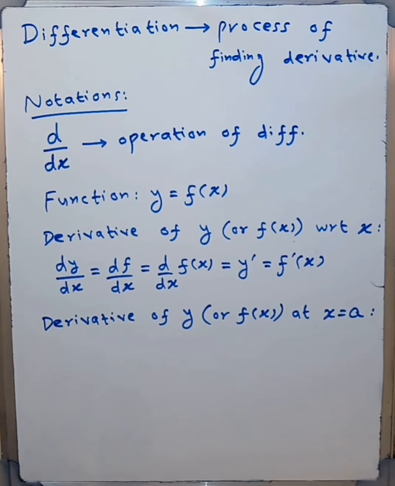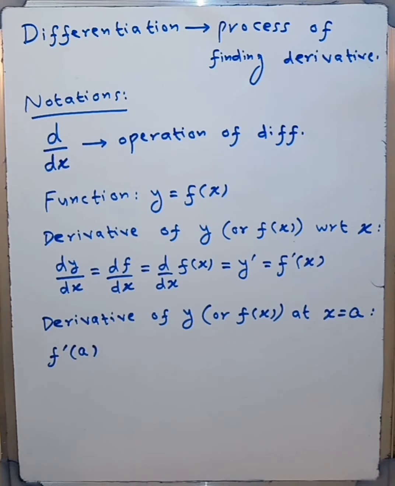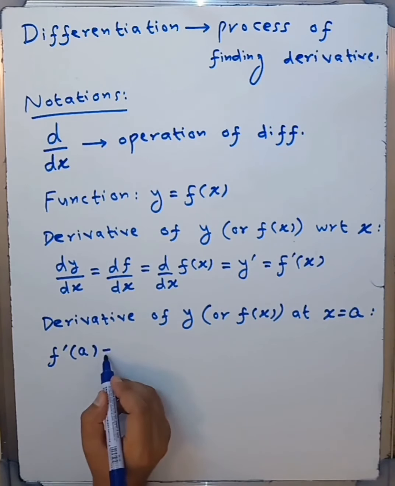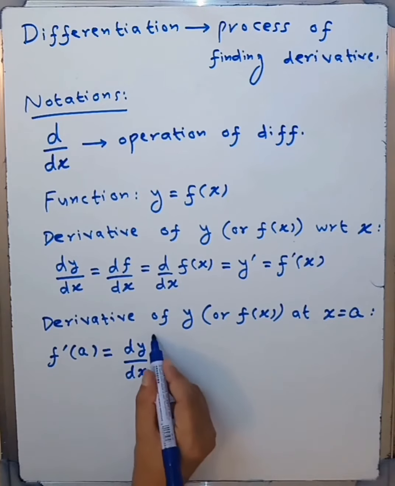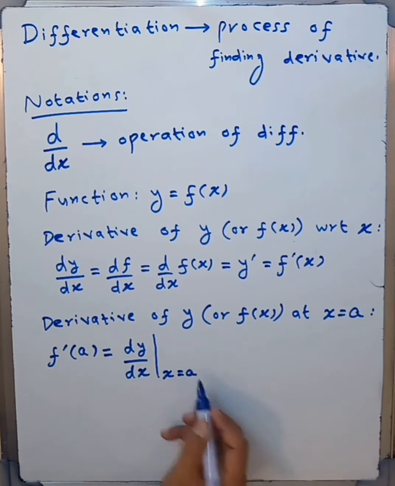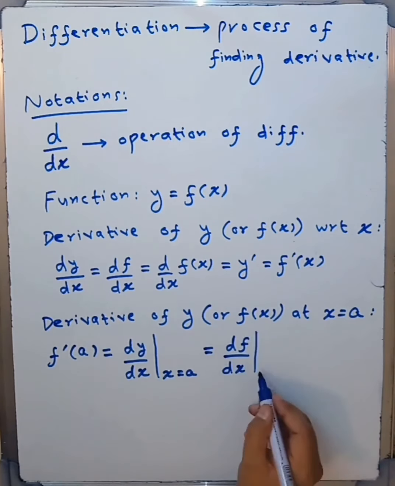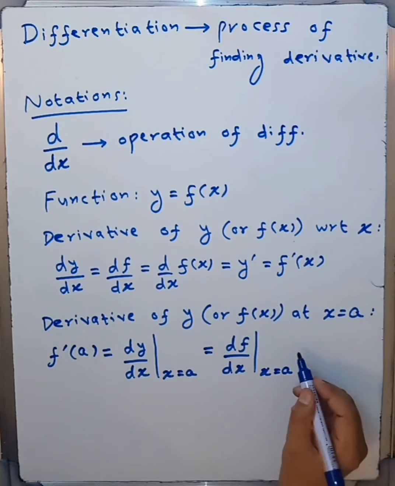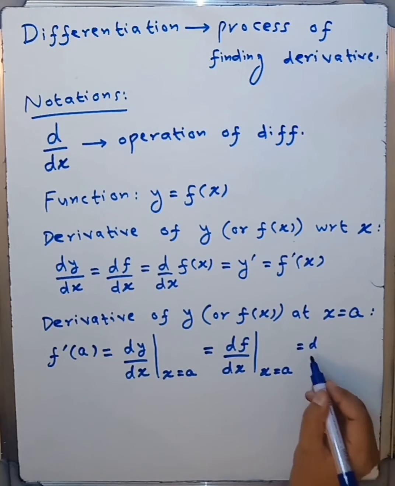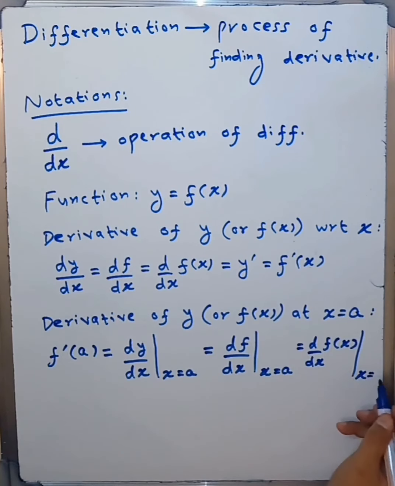This will be denoted by f prime a, or we can write it as dy by dx at x equal to a, or we can write it as df by dx at x equal to a, or we can write it as d by dx of the function f(x) at the point x equal to a.